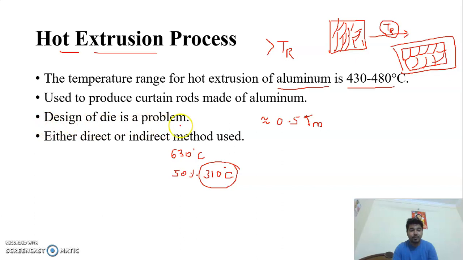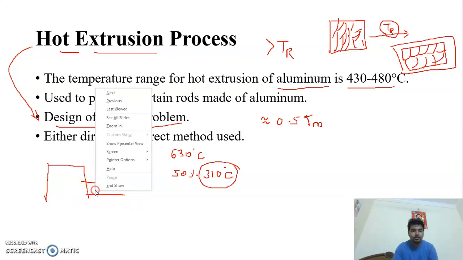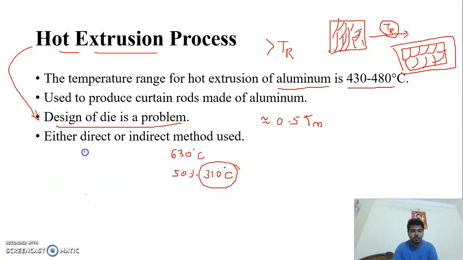Design of the die is a problem in hot extrusion. Why? Because the raw material is in direct contact with the die. This is a die and this is a raw material, and we get the extruded product from this. This is the extruded part.